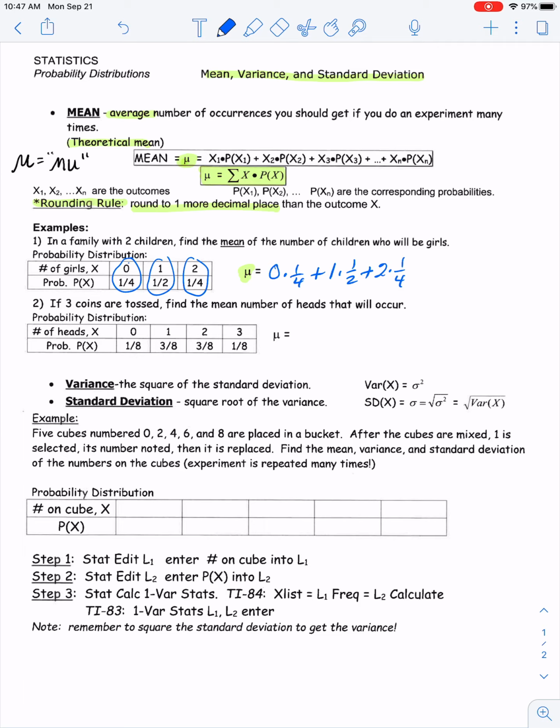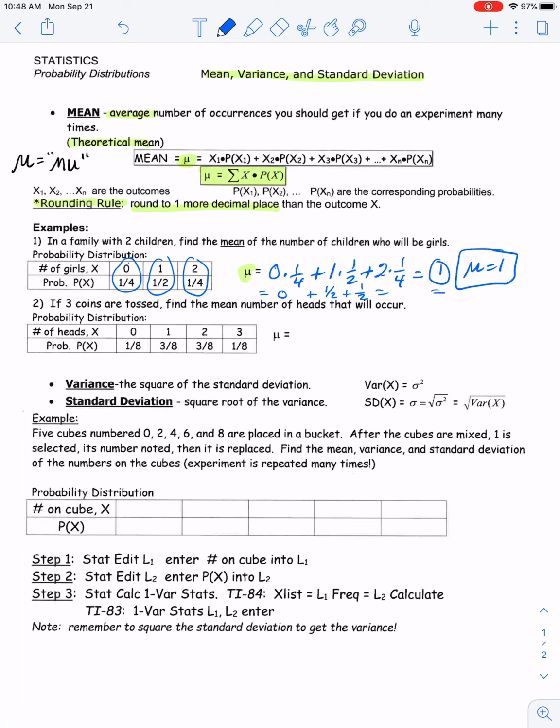So we're going to do the sum of those multiplied together. So we have 0 plus 1/2, plus 2/4, which would also be 1/2. We add this up and you come up with 1. So in a family with 2 children, the average of the number of children who will be girls is 1.